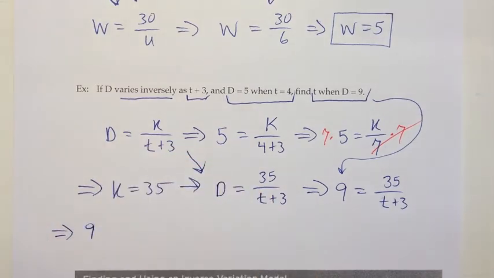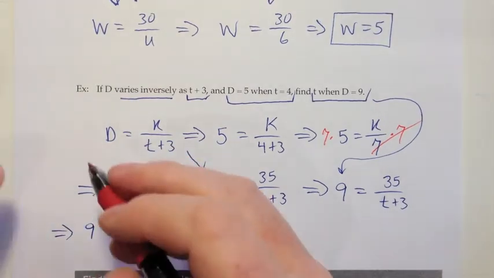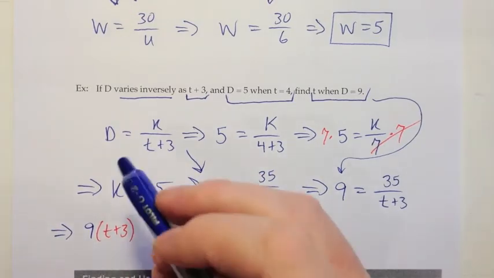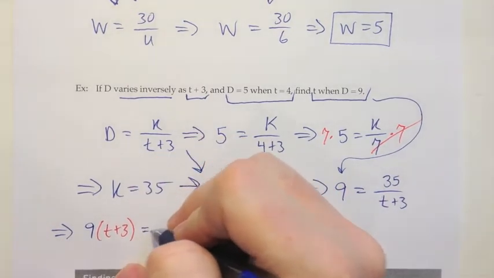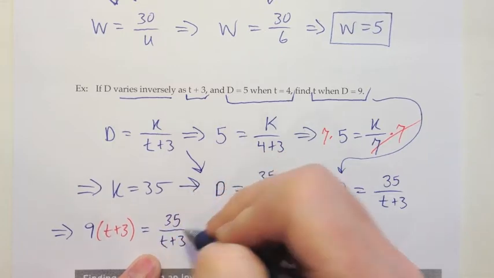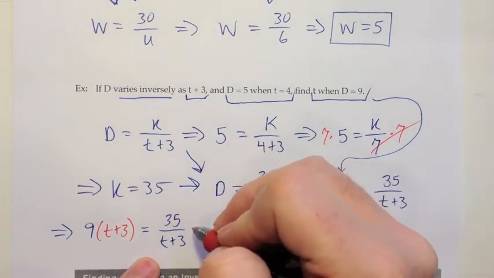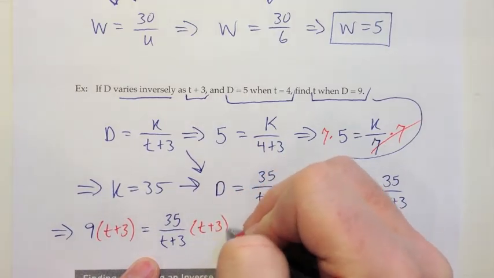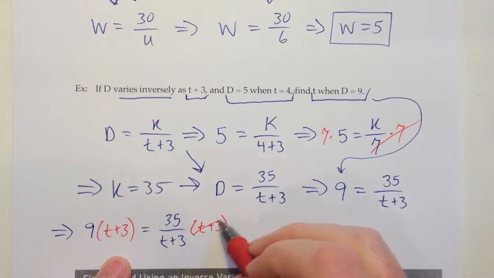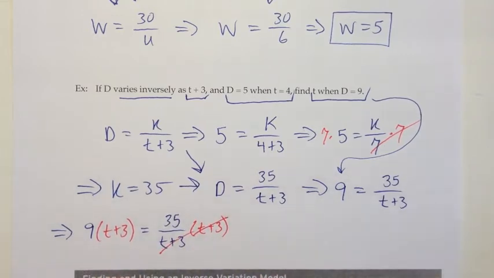I'd say I have 9 times t plus 3 equals 35 over t plus 3 times t plus 3. So I'm just taking that equation that I had here and I'm multiplying both sides by the same thing. The reason I'm doing that is to get the fractions to go away by canceling that denominator.